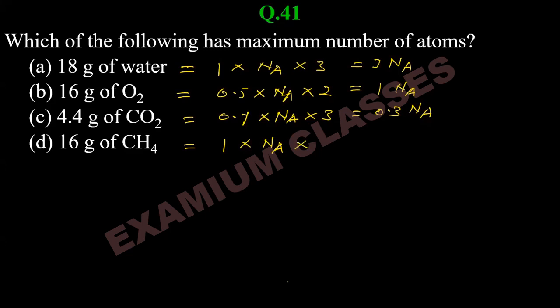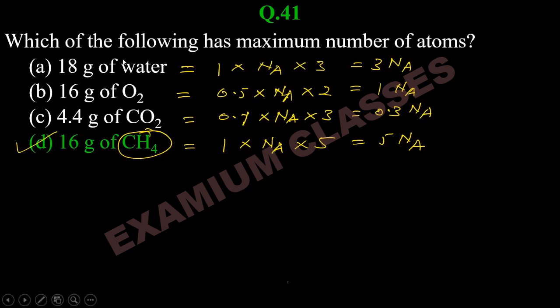But in one molecule, there are 5 atoms, 1 carbon and 4 hydrogen. That is 5 Na.